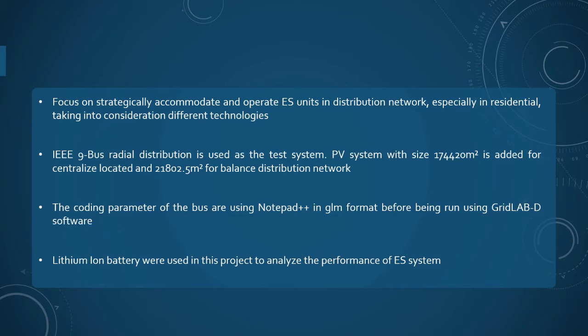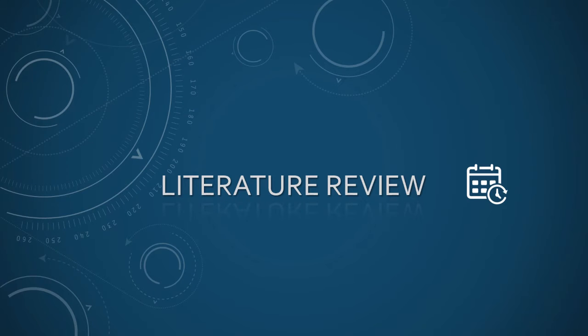The coding parameters of the bus are written using Notepad++ in GLM format before being run using the GridLab-D software. Also, the lithium-ion battery was used in this project to analyze the performance of the energy storage system. From there, we will move into the literature review.